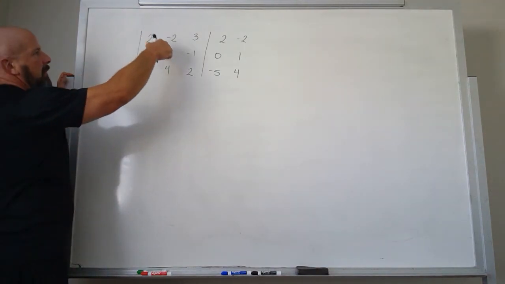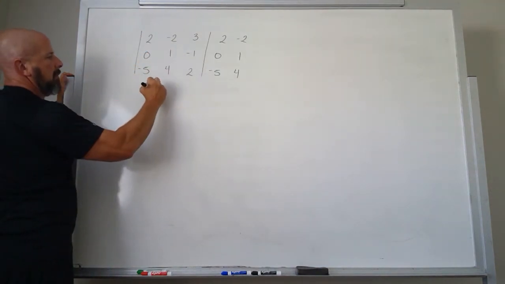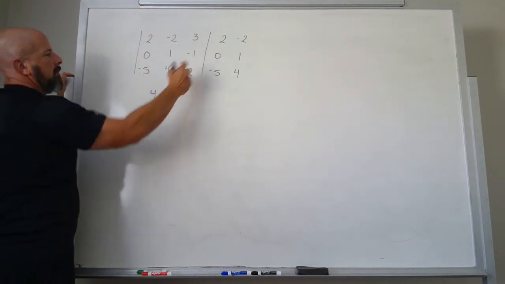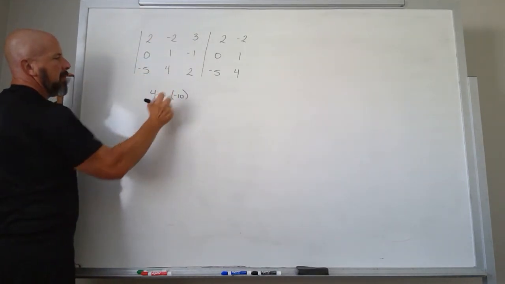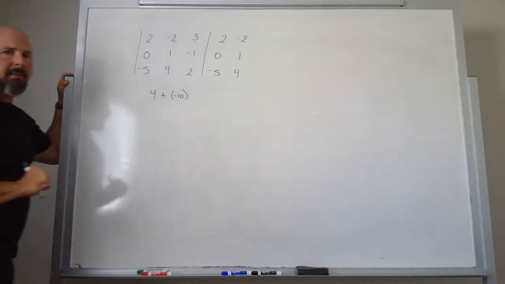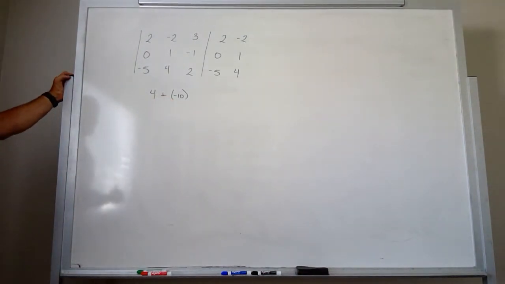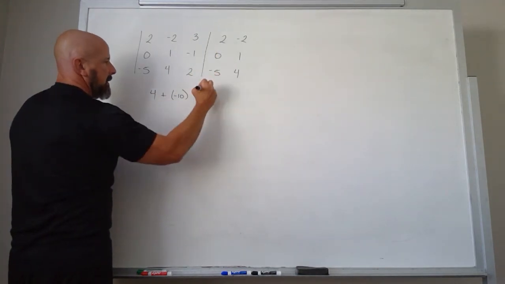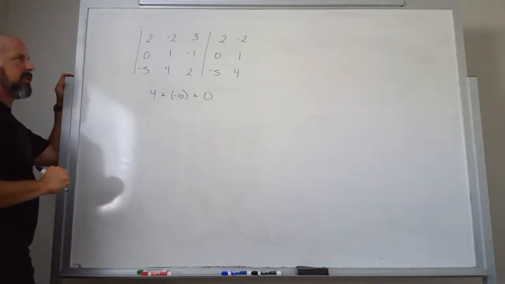So here we've got 2 times 1 times 2, 4, plus, that would be 2 plus -10. So notice I'm still writing plus, then the -10, again to remind me that I'm adding as I'm moving down. And then plus 0. 3 times 0 times 4 is 0.